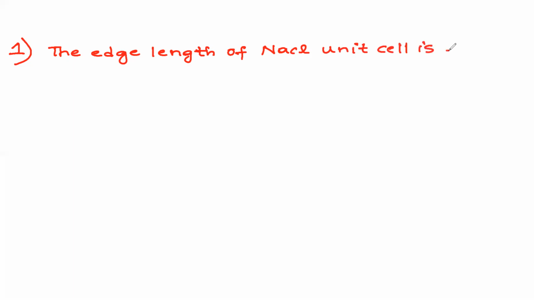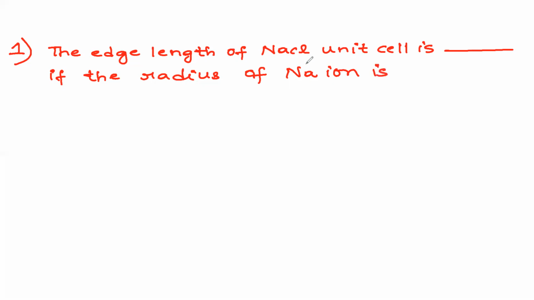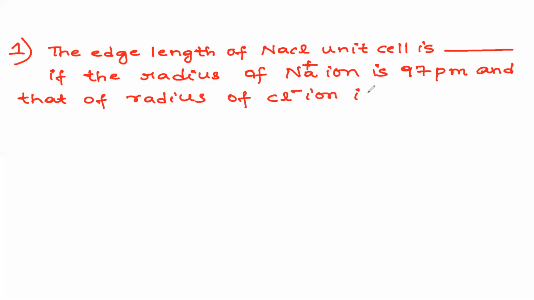The edge length of NaCl unit cell is dash, if the radius of sodium ion is 97 picometers and that of the radius of chlorine ion is 181 picometers. That is the question.